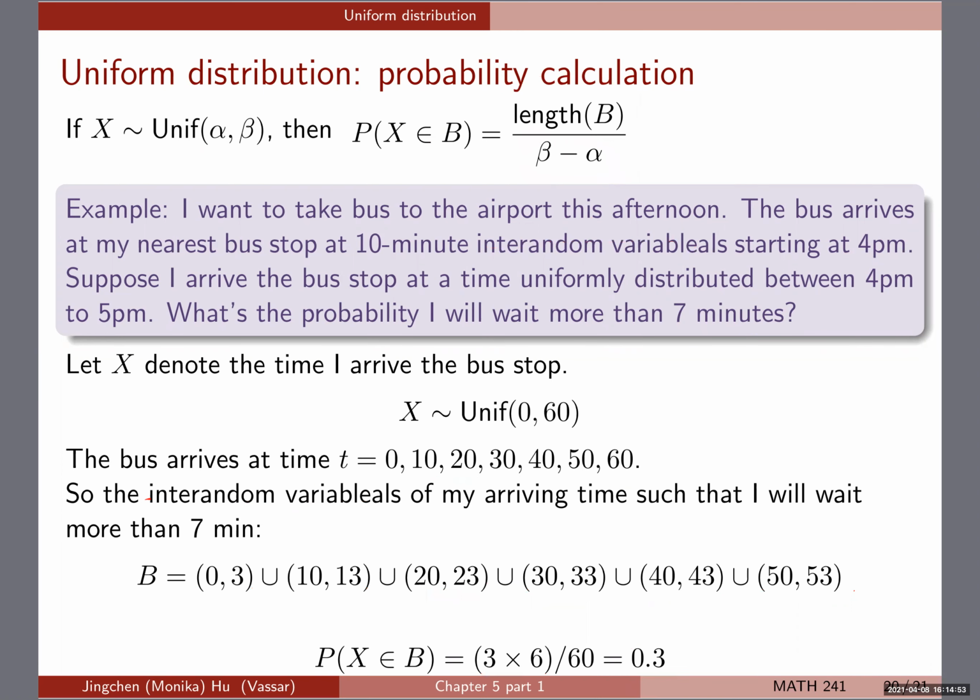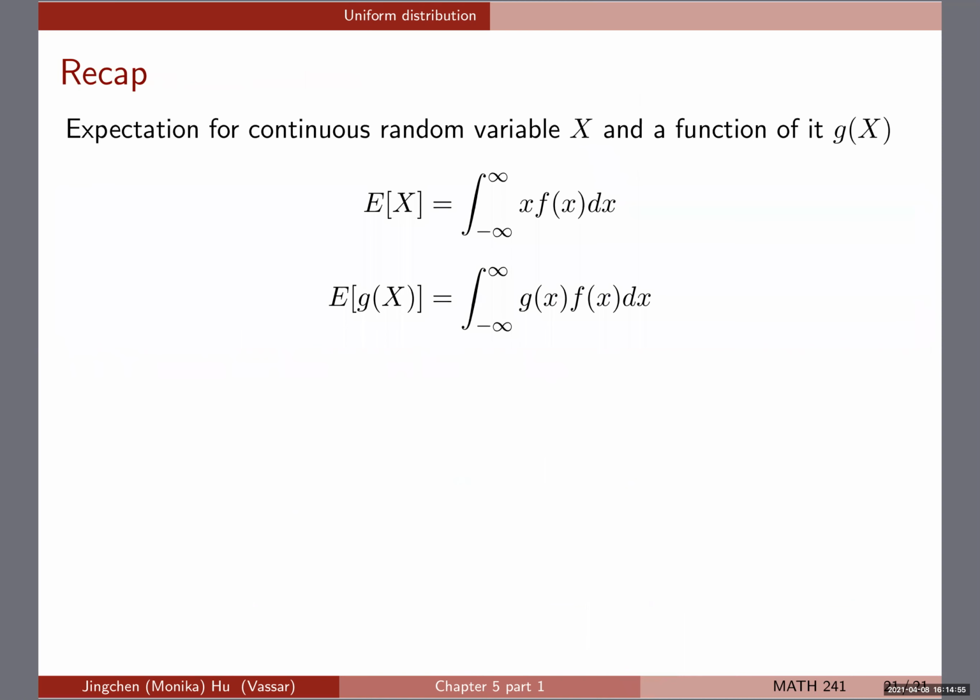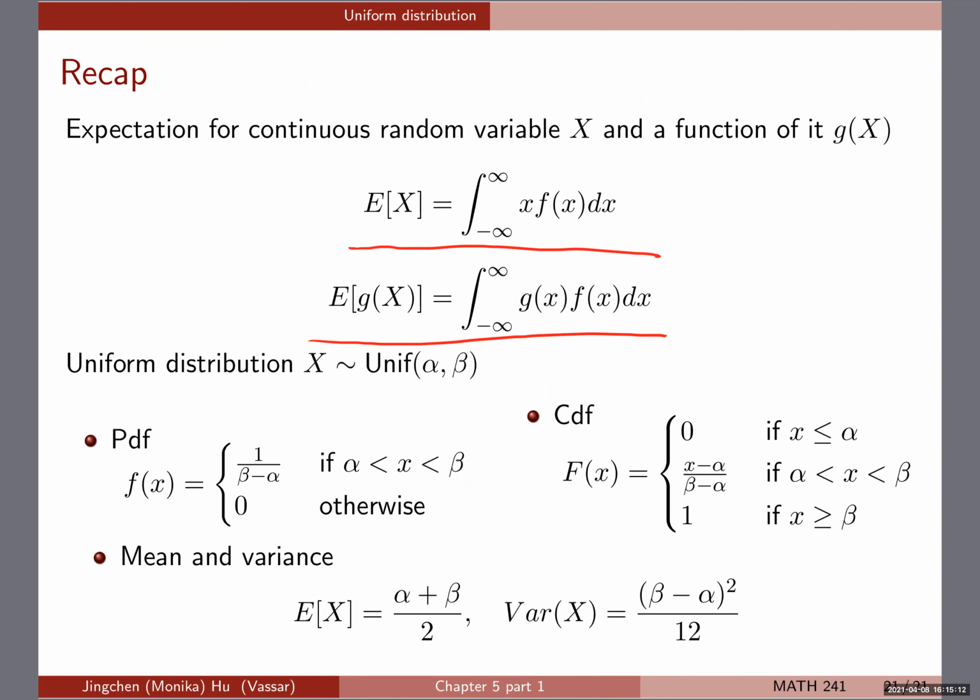Alrighty, so recap. For the expectation of continuous random variables, if X has a function of it, then you are able to get the expectation, and of course the expectation of the function itself as well. Those are for the continuous random variable. Then we talked about the uniform distribution: its PDF, its CDF, its mean, and its variance, all of which are going to become really handy.